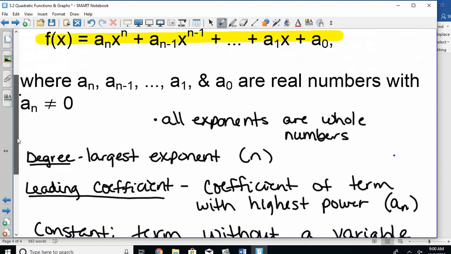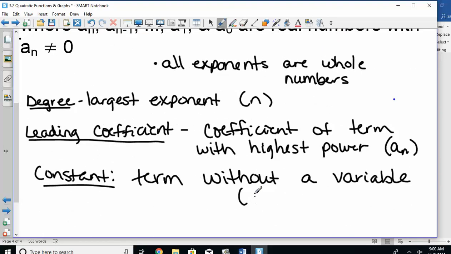In our scenario, it would be that a sub 0. It's just a number by itself. You all right with these terms?